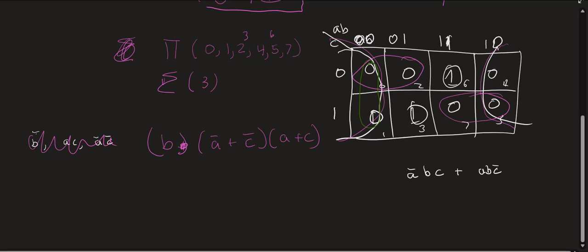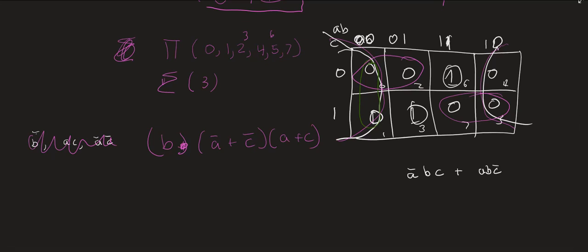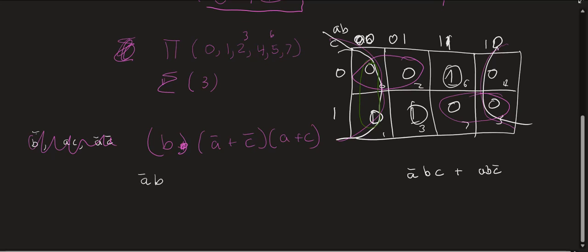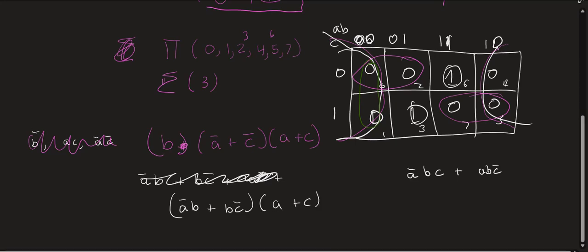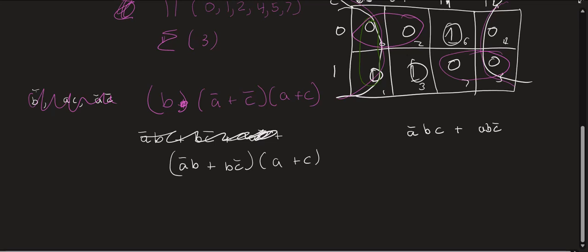So if I multiplied this out, I would get A bar B plus B C bar, that's multiplying the B through there, times A plus C, and then this multiplication gives me 0.